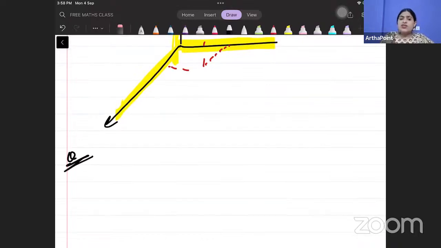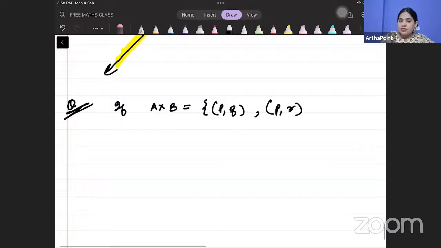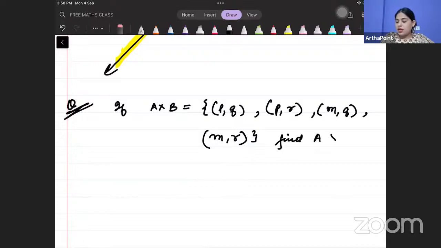So the next question that I have is the following. A cross B is given as (P, Q), (P, R), (M, Q), (M, R). Find A and B. A cross B is already given to you.